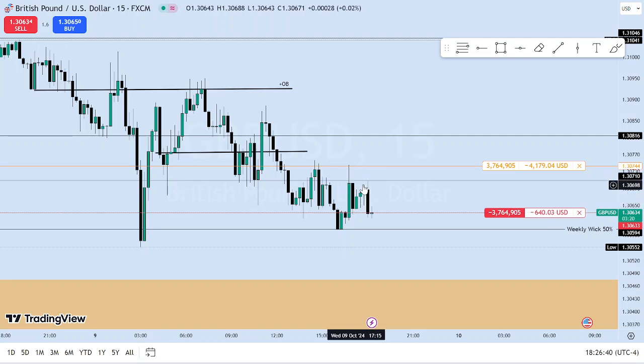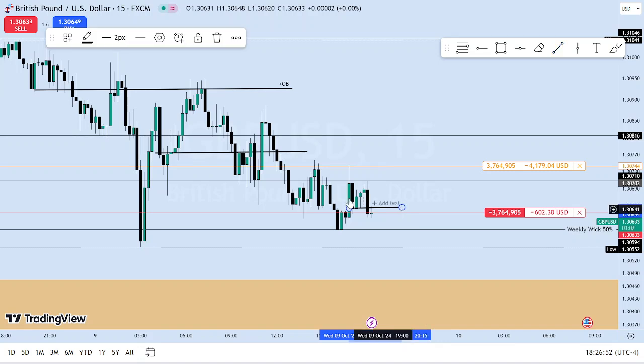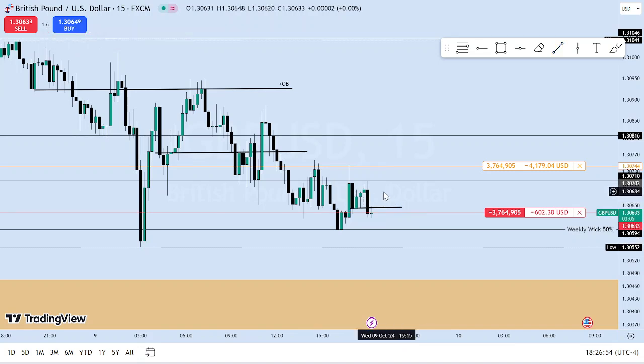The last close candle here, then we are breaking the low of this last close candle. So now, that's a 15 minutes order block.